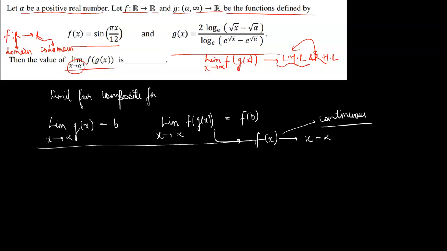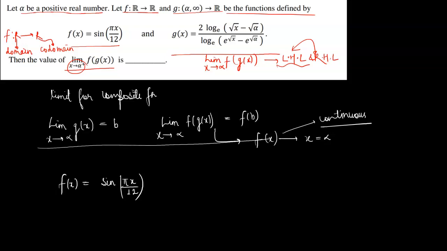So what is f(x)? f(x) is sine of pi x by 12. The sine function is continuous. It does not break anywhere.